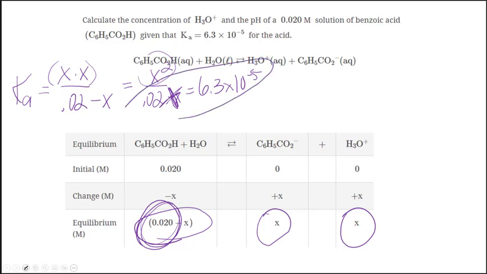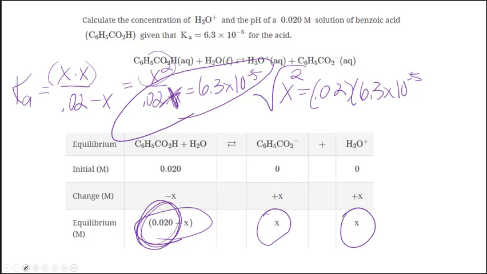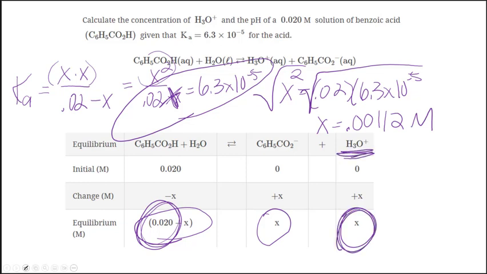So let's multiply these two together and then take the square root of it, because x squared is going to be equal to 0.02 times 6.3 times 10 to the negative 5th. So if I square root both sides, that will leave me with x. And I got 0.00112 molar. And that x is my H3O plus concentration.